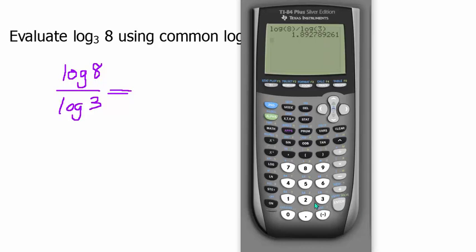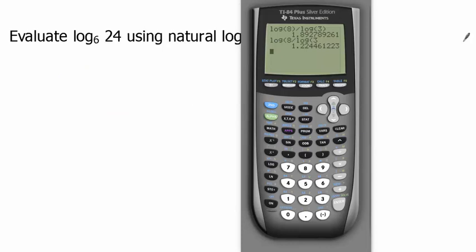The correct answer is 1.89. If I did it incorrectly, without thinking, I do not get the correct answer. So this is 1.89. I can just as easily do that using natural logarithms. So this is going to be ln of 24 over ln of 6.